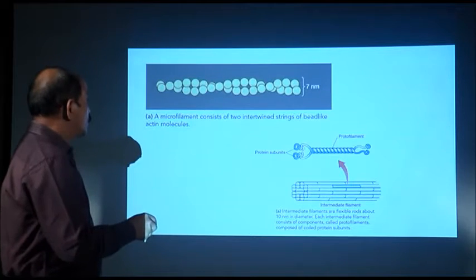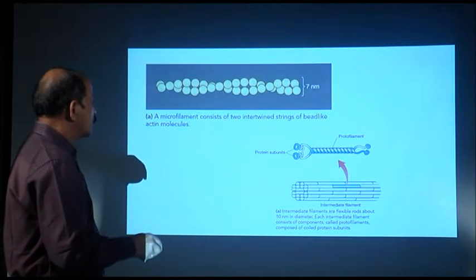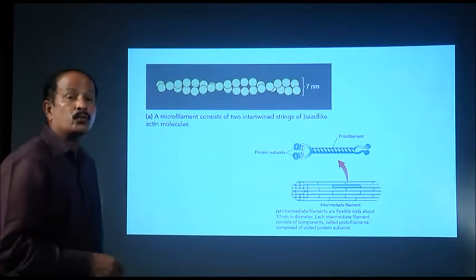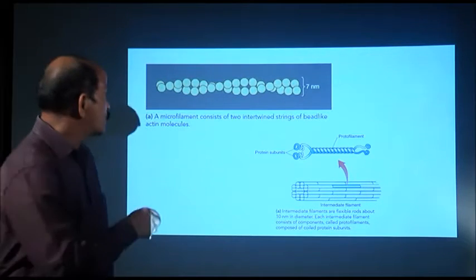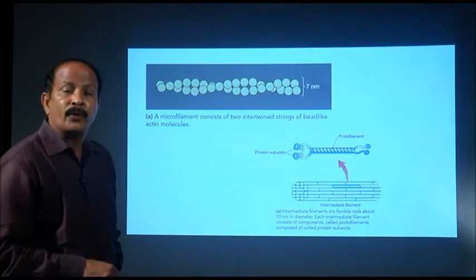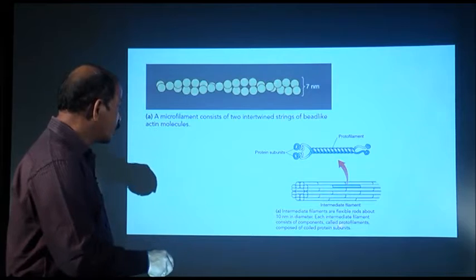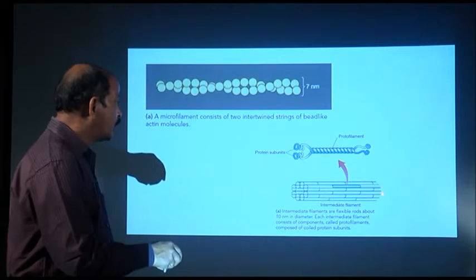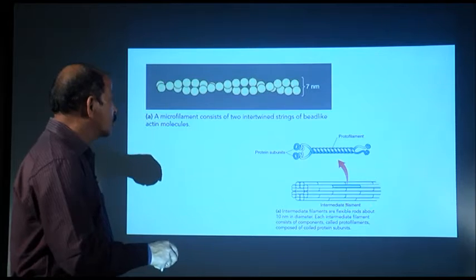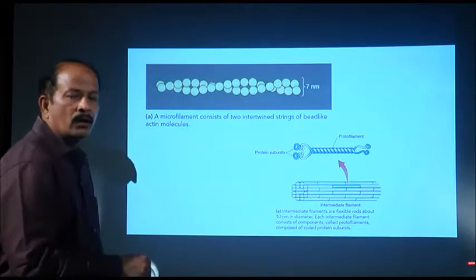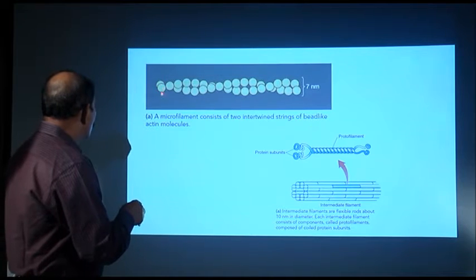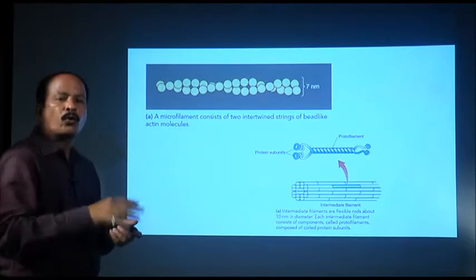This is of 7 nanometer thickness, this is of 10 nanometer thickness, and the last one is 25 nanometer. As this one comes in between, around 10 to 11 nanometer, that is why it is called intermediate filaments, but structurally all are different. Now, these globules, these are globular proteins.